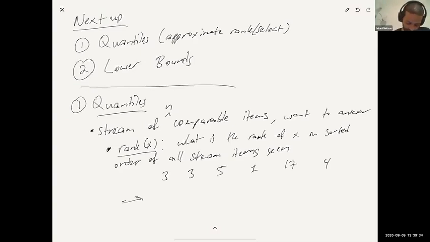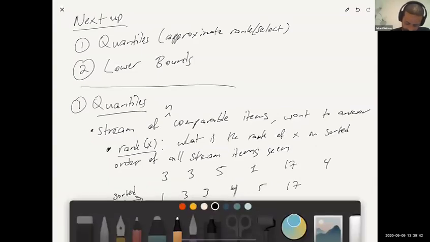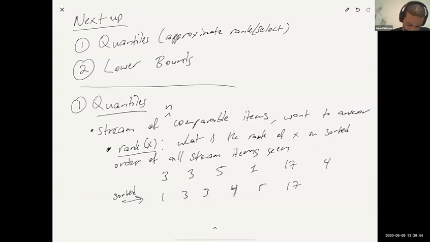But sorted, this would look like 1, 3, 3, 4, 5, 17. If someone queries rank of, let's say, 6, the question is, if 6 were in this list, what would its position be? It would be right here, which is position number 1, 2, 3, 4, 5. Well, okay, so it's also 6.